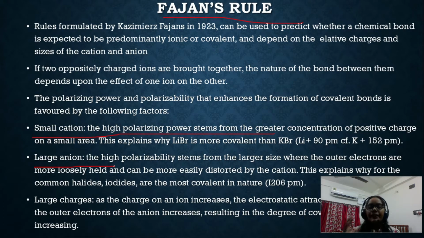So for larger anions, we can expect the bond to have covalent character. Obviously, if we have a large charge on the cation, again the polarizing power will be higher, the distortion of the electrons will be higher, and the covalent character will be higher.